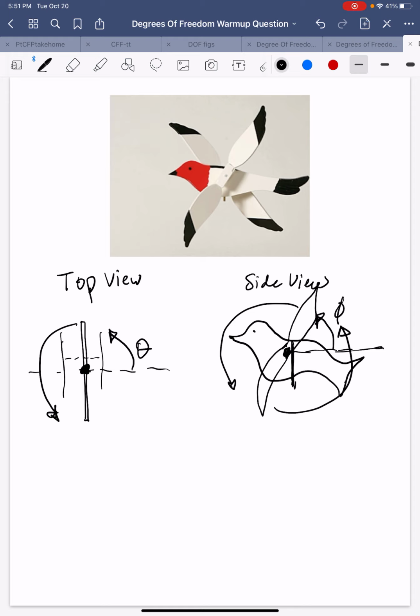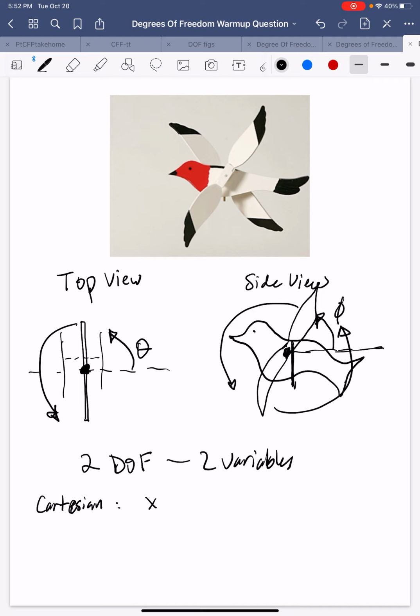And so there are 2 degrees of freedom here, 2 variables to specify the position of the tip of one of those wings.